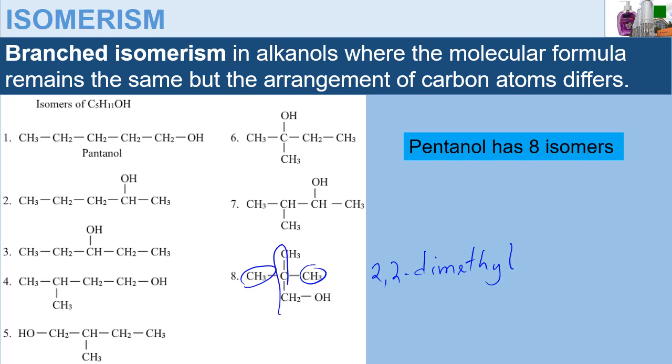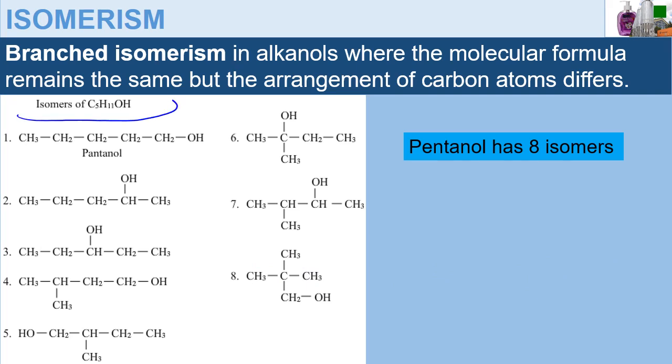The longest chain contains 3 carbon atoms, therefore it is propan-1-ol. So these are all the branched and positional isomers of pentanol.